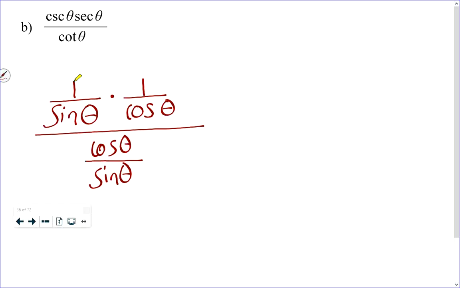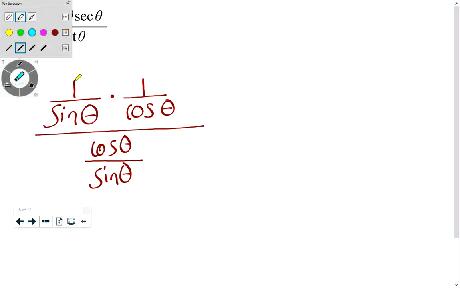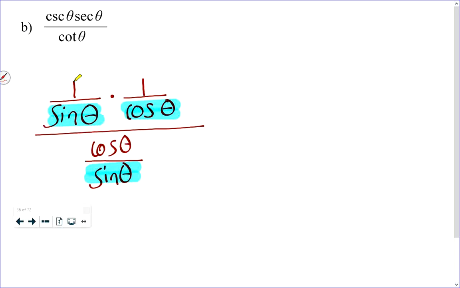I'm going to highlight here for us all of the pesky denominators that we would like to get rid of. Okay, we have this big fraction. The fraction is 1 over sine times 1 over cos over cosine over sine. I don't want denominators in the numerator of this fraction.